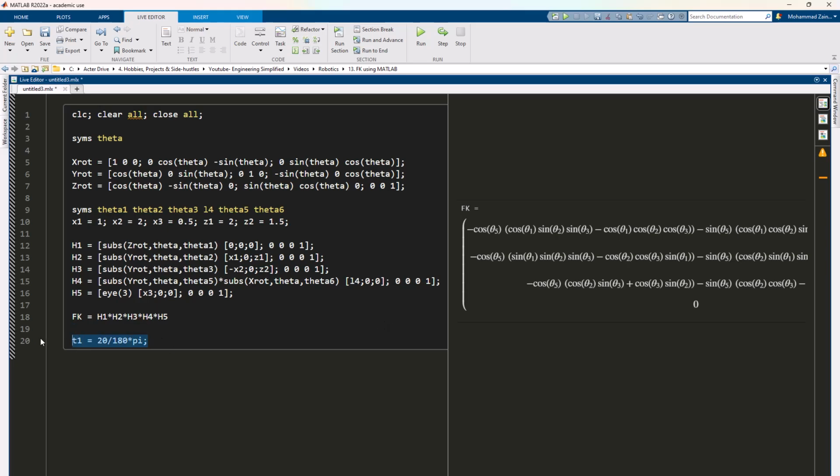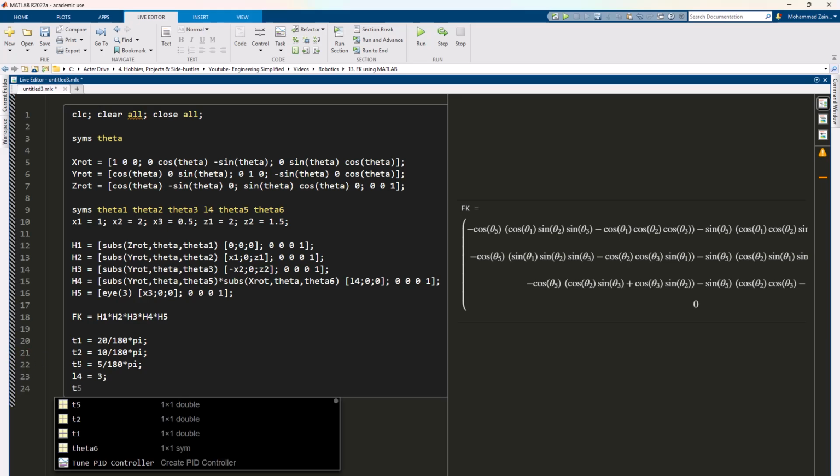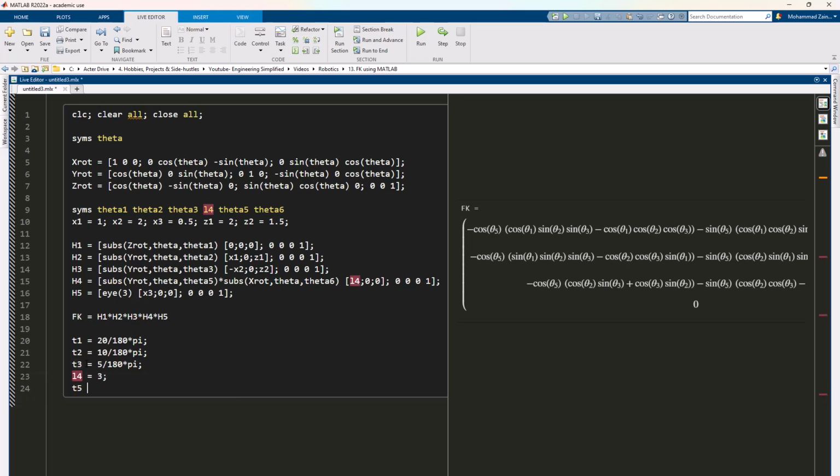Your theta 2 is, let's say, 10 degrees, your theta 3 is, let's say, 5 degrees, and he tells me your A4 is probably 3 meters. Your theta 5 is 30 degrees, and your theta 6 is, let's say, minus 20 degrees.